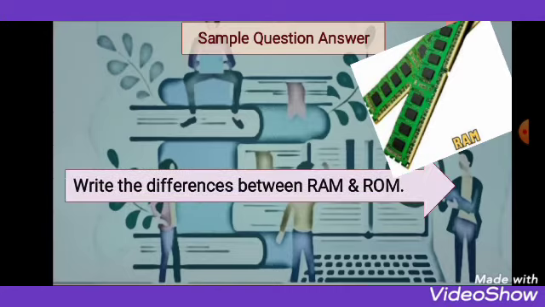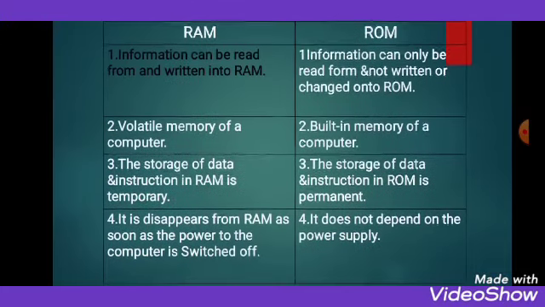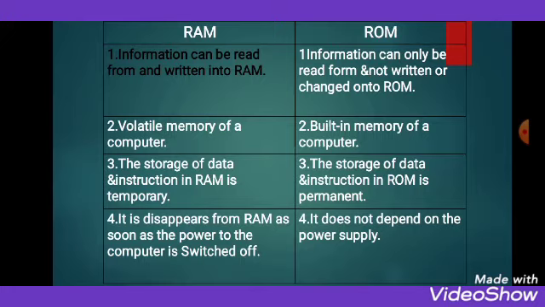You see the question here: write the difference between RAM and ROM. I'm giving one chart of the difference between RAM and ROM. First, information can be read from and written into RAM, whereas in ROM information can only be read and not written or changed.